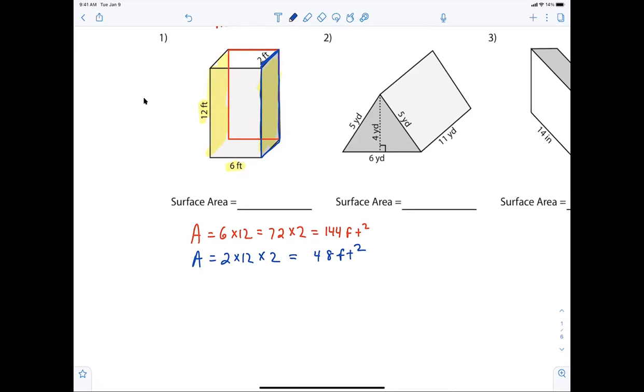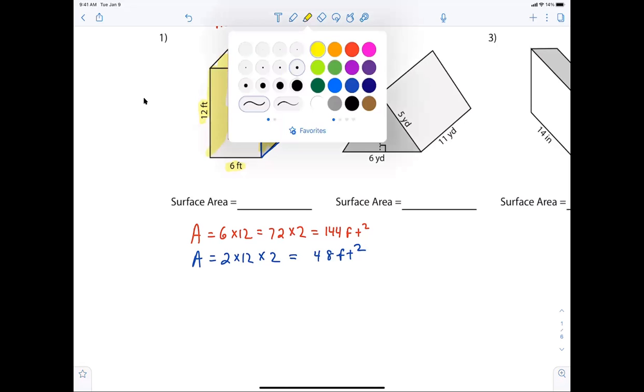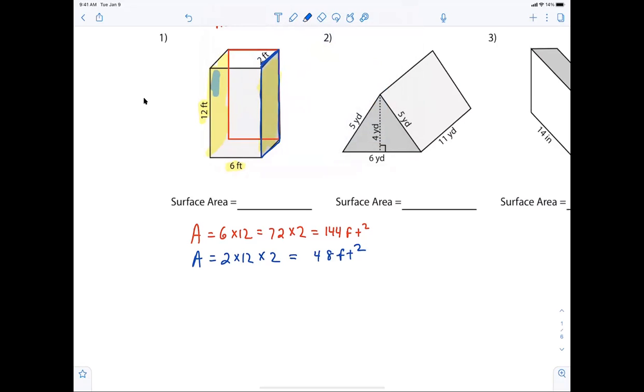Now, I'm missing only 2 more sides. I'm missing the front wall here. Oh, I'm sorry, not the front wall. We already did the front wall. We're missing the 2 what? The top and bottom. That's exactly right. So we're doing the area of the top. What are the dimensions of the area of the top?